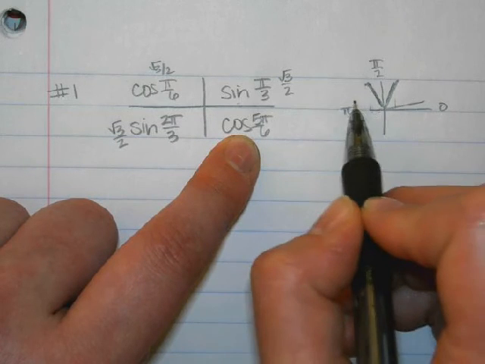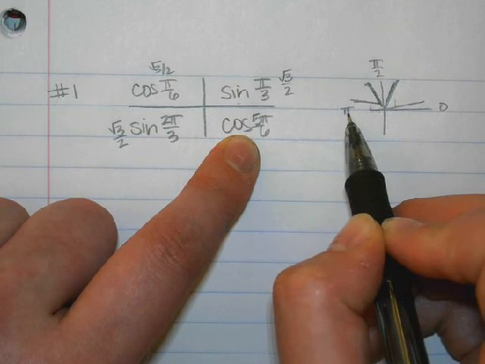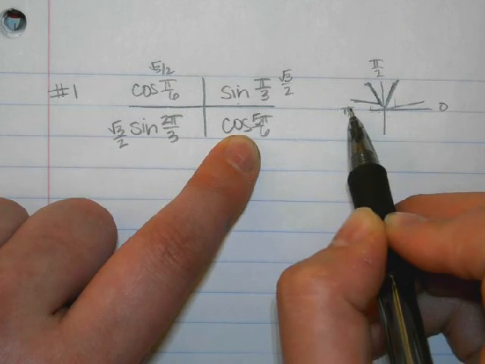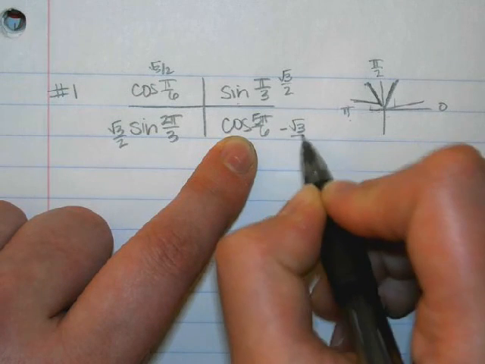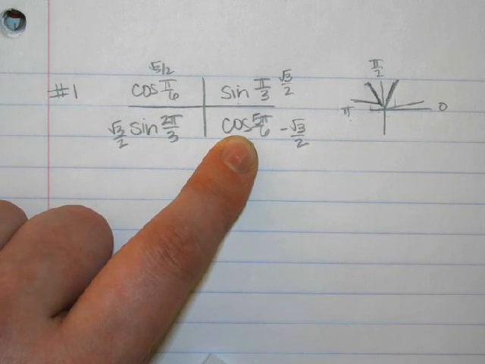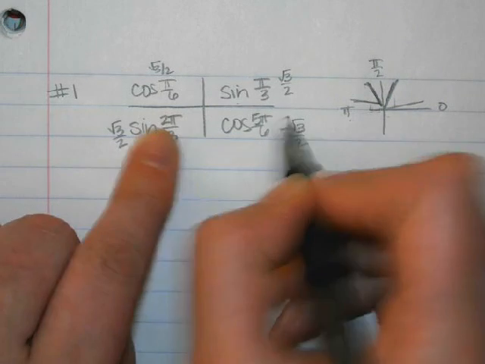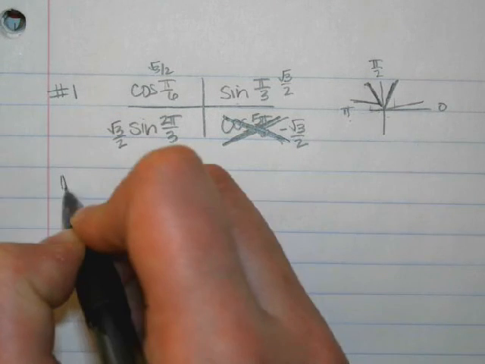Right above it, but it's really close to it. Okay, so it is left a lot, up a little bit. Left a lot, up a little bit. It's negative root 3 over 2. Okay, so which one doesn't fit? This one doesn't fit. Okay, and then we'll move on to the next card.